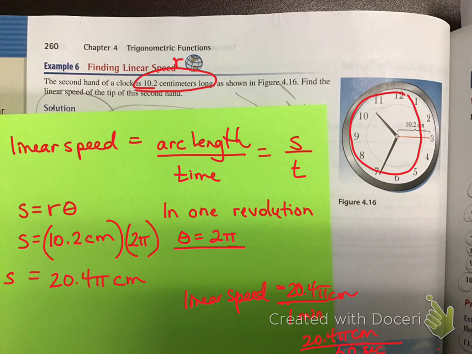So you can do 20.4 divided by 60. Well, let's put it all in the calculator. 20.4 pi divided by 60 and get 1.07 centimeters per second. Both of these answers are great, and I don't think it told us which way to leave it. So there's that.